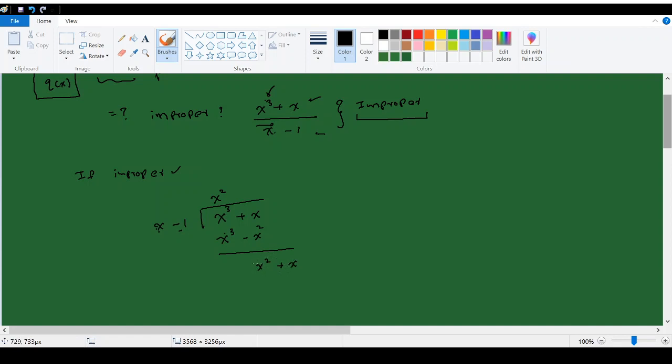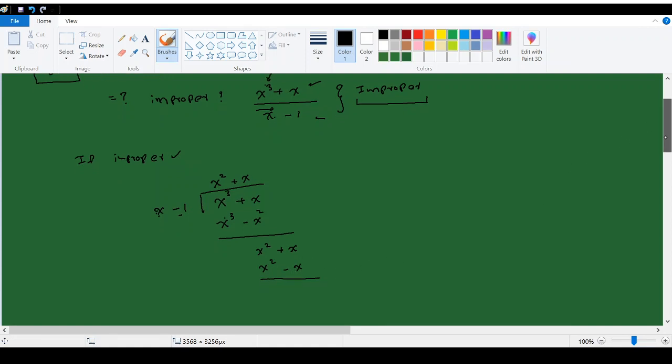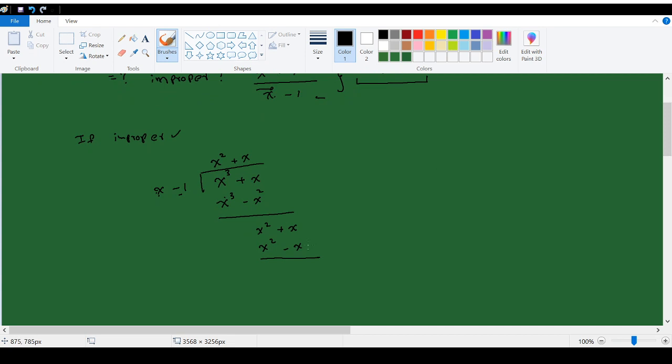To form an x squared term you will need plus x, because plus x times x will be x squared, and this one will give you negative x, and when you subtract that one, this is 0, and here it will be 2x and you don't have anything to take from the first row.